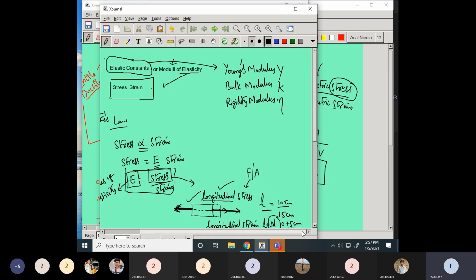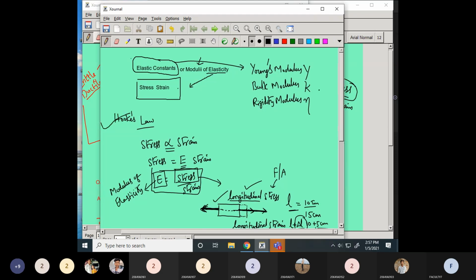So what were the formulae? What you wrote? The formula will be remaining as is here. It is F by A by delta L by L. You can rearrange those.